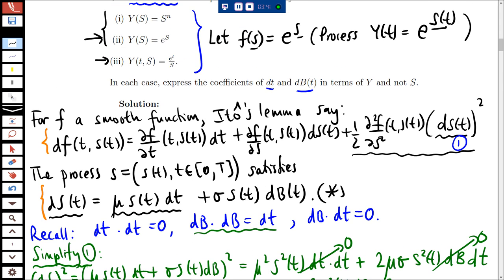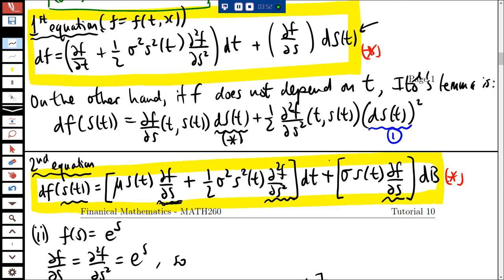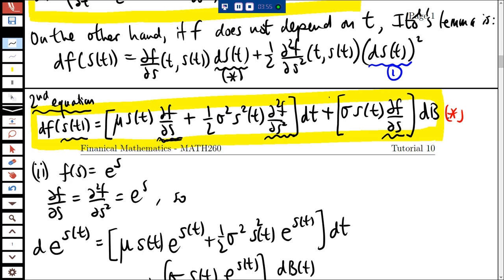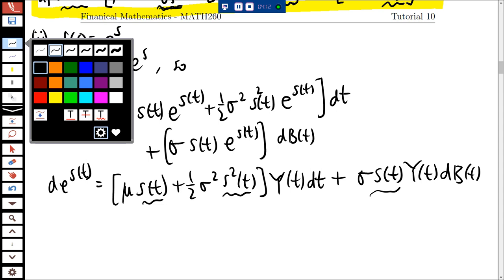Okay, it says express the coefficients using y's, not s's. I'm not sure if I did that on the last one. Let's do it for this one. Okay, so we want to remove the s's, and we know, okay, I'll make a side note.